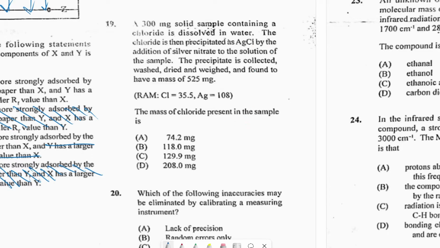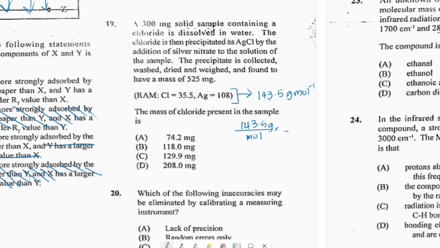So I'd advise doing some conversion to keep your units the same. We're going to need the molecular mass of silver chloride, which was 143.5 grams per mole, but we need that as milligrams per mole. So how I do conversion is like this.